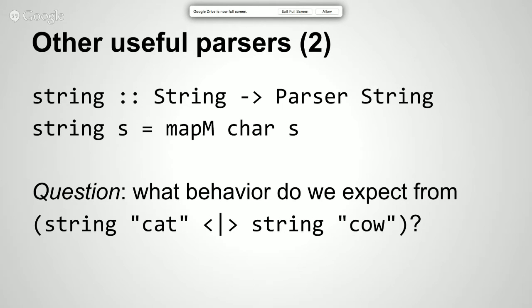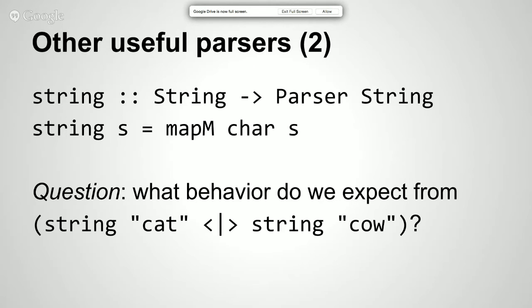If we give that parser the string cat, what do we expect? Char is the character parser, right? And string matches a string. So we build it by mapping the character parser across the string.